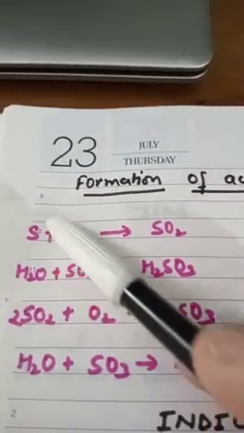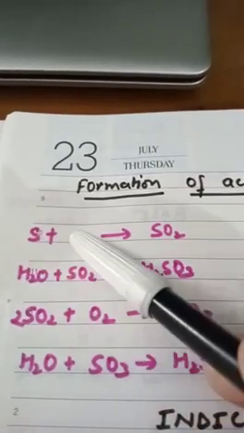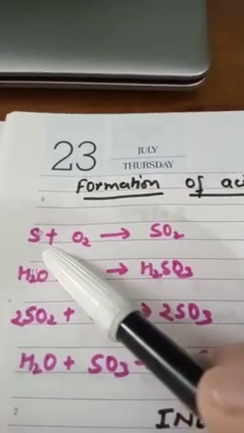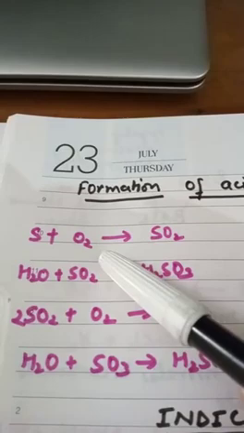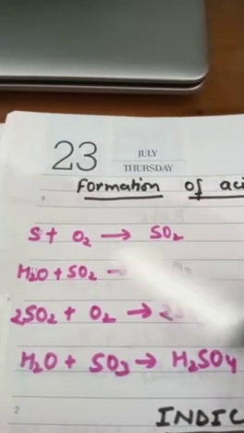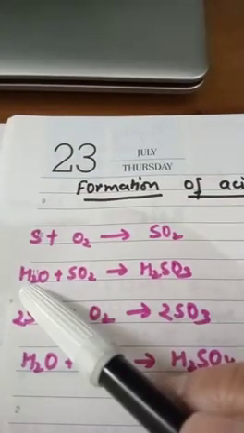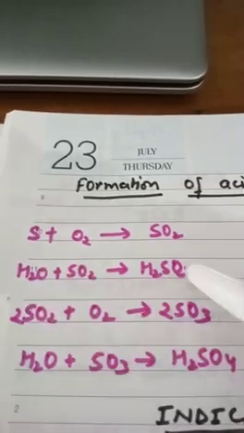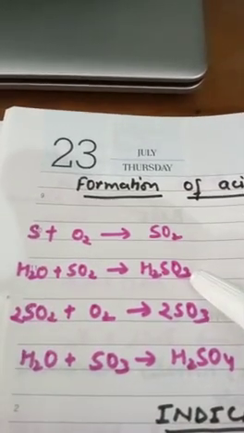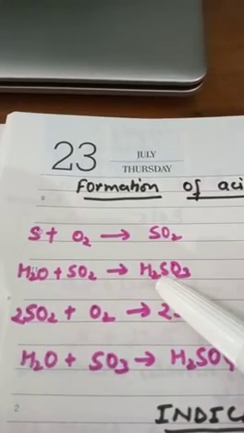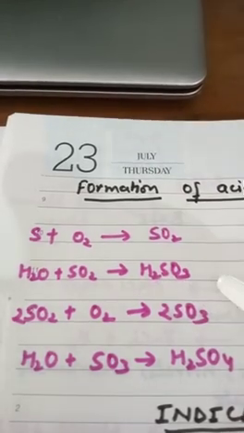Sulfur is released by various industries in the atmosphere. When this sulfur reacts with oxygen, it forms sulfur dioxide. And when this sulfur dioxide comes in contact with rainwater, it forms sulfurous acid. Formula of sulfurous acid is H2SO3.